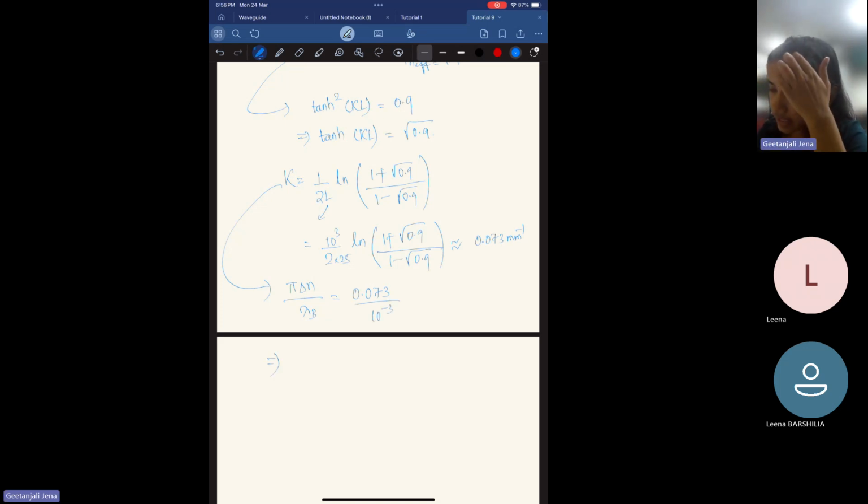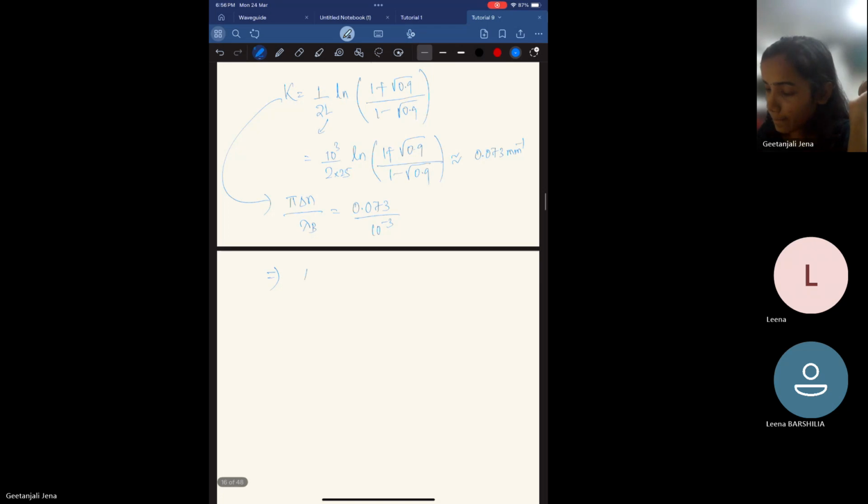So delta n will be 0.073 into 10 to the minus 3, times lambda b, which is given as 800, that is 0.8 micrometer, over pi, which is 3.14. So this will give 0.0186 into 10 to the minus 3.